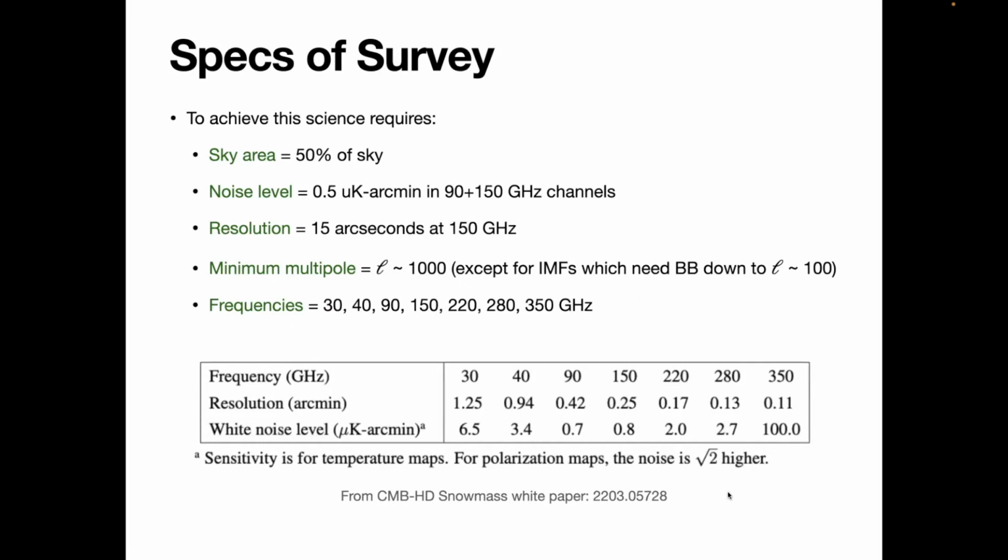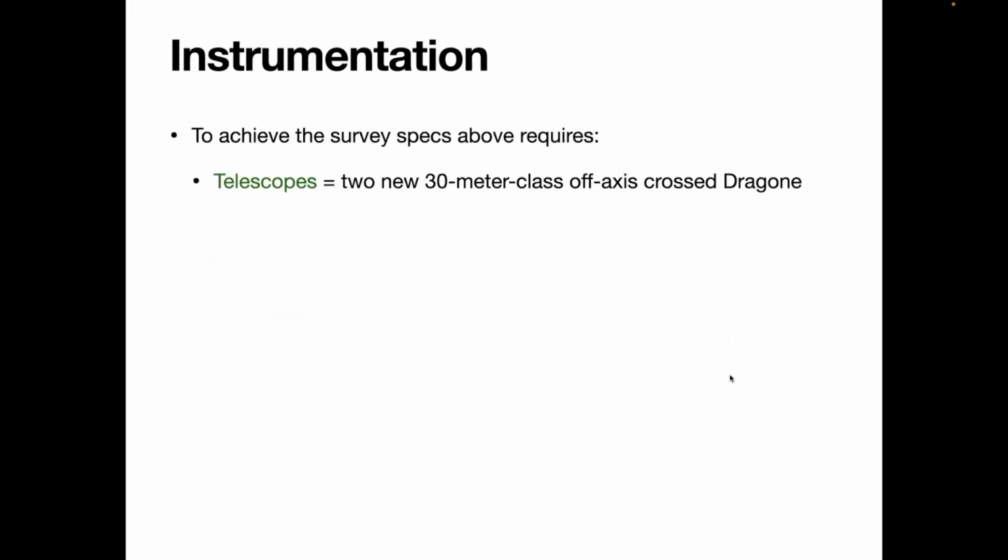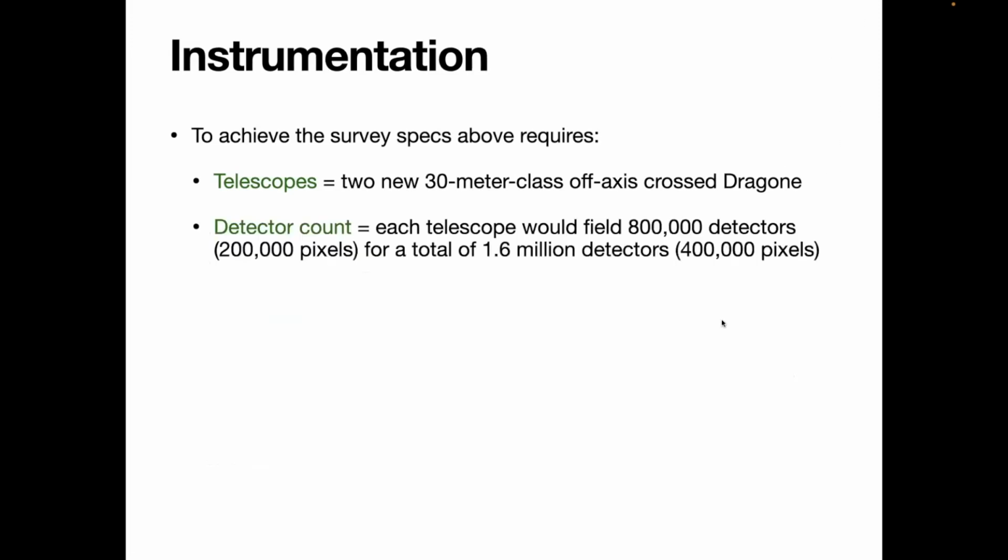So the instrumentation that would be required to achieve those specs are 2 telescopes, 2 new 30-meter class off-axis crossed-Dragone telescopes, a detector count to achieve those low noise levels of 800,000 per telescope.